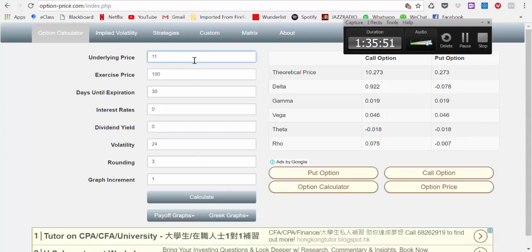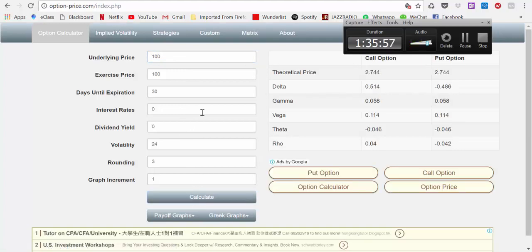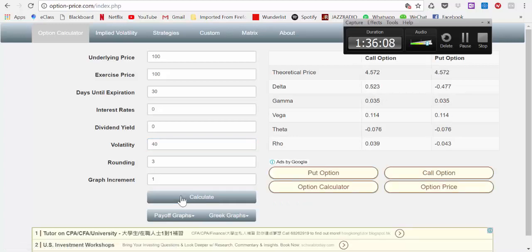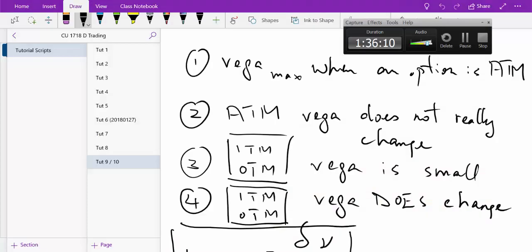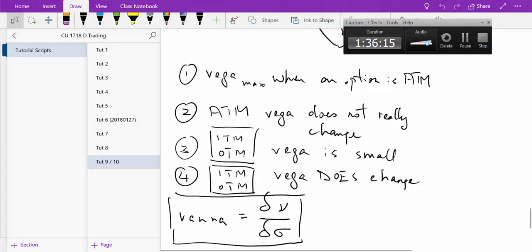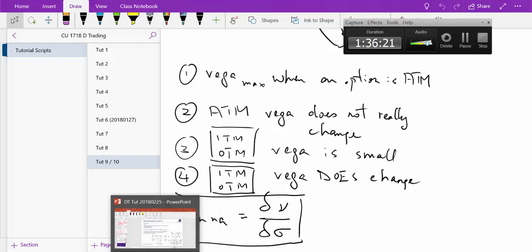Whereas if it was at the money, 114, even if I pump it up all the way to 35 or 40, I think it doesn't change. This is now at the money. You see? Yeah? So if you can remember these 4 points I made just now, I think you will be okay.